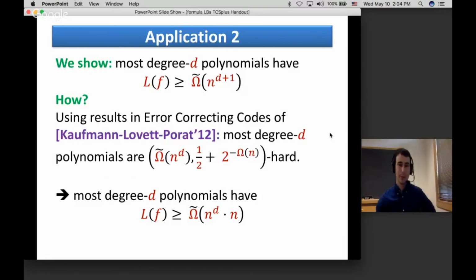Yes. Can you say how the result shows up in error correction? Yes, I should have said more about this, sorry. The result talks about the Reed-Muller code, and they show list decoding bounds for that. When you talk about degree d polynomials, the truth tables are Reed-Muller codewords. They show that if you take a ball around any point with radius half minus 2 to the minus omega of n, then it doesn't contain too many codewords.